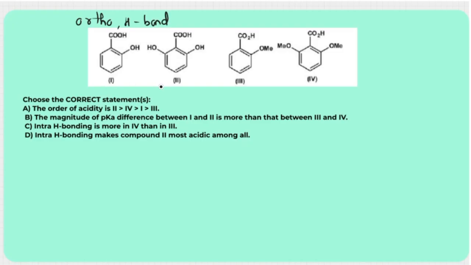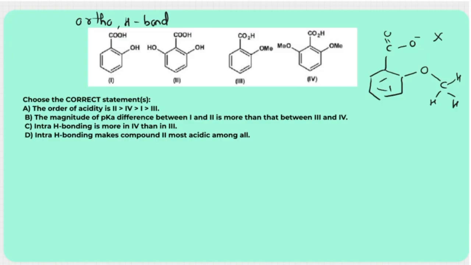Therefore, 1 and 2 must be more acidic as compared to 3 and 4, because here, although there is a methoxy, look at this. Once it forms a carboxylate ion, we have OCH3. The hydrogens are there, but they will not exhibit hydrogen bonding because hydrogen is attached to carbon, not oxygen, not nitrogen, not fluorine. Hence, we cannot show there is a hydrogen bonding here.